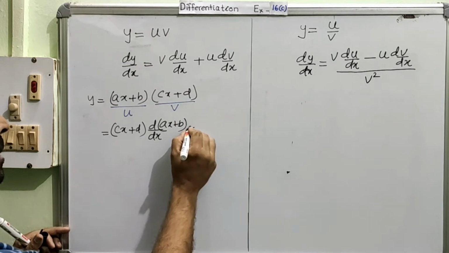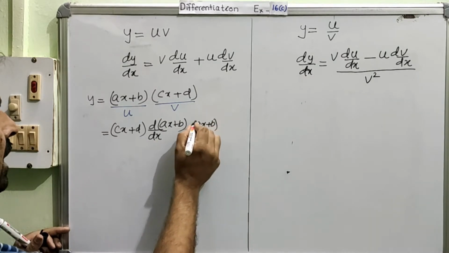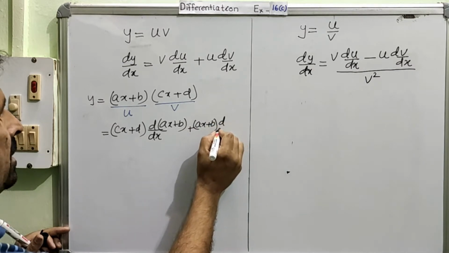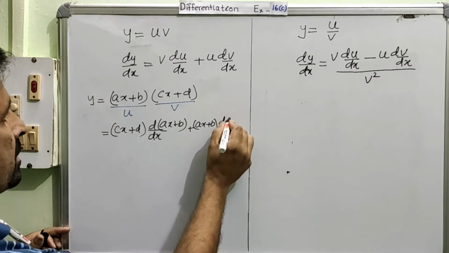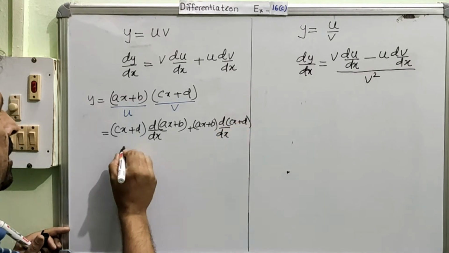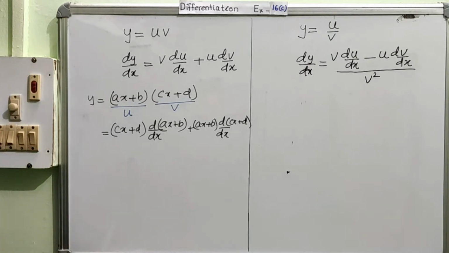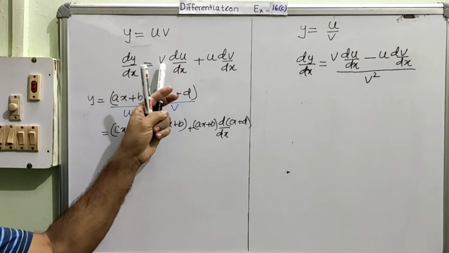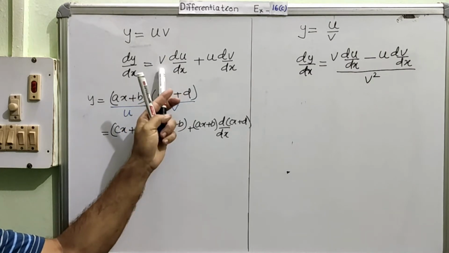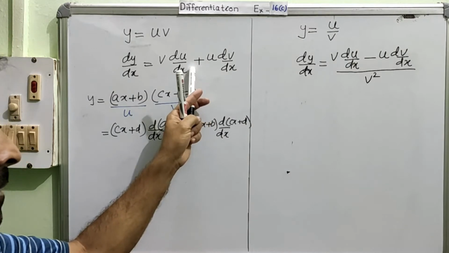Now the first function, ax plus b, will be kept silent this time, and then find the derivative of the other function, cx plus d. Am I very clear or not? Now here I would like to clarify one thing: because it is a product form, you differentiate one function, keep the other function silent, and then write the plus sign.